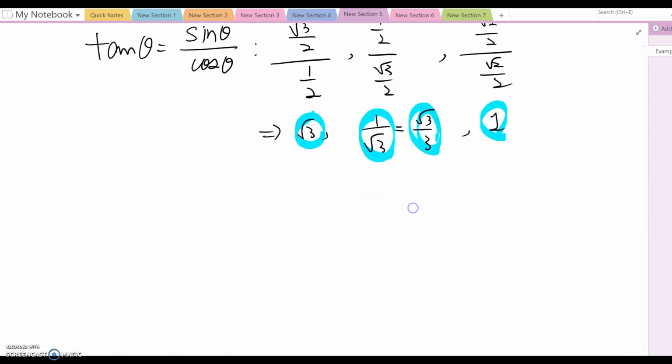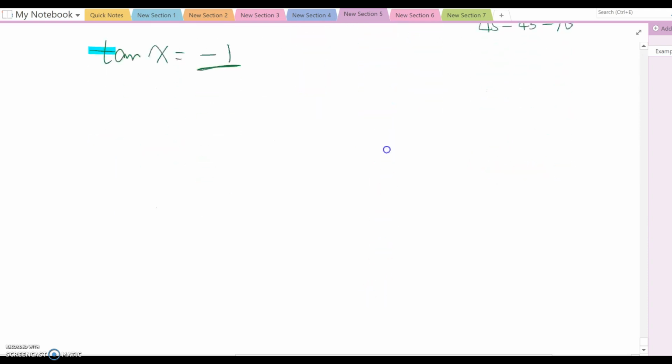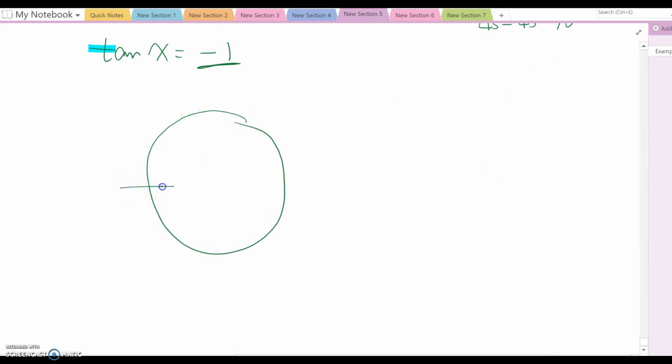Okay, so let's practice. Tangent x equals negative 1. Since negative 1 is given, we have to go for this case, which is the 45, 45, 90 case. Through the unit circle, tangent is negative 1, so where? This quadrant is all positive.